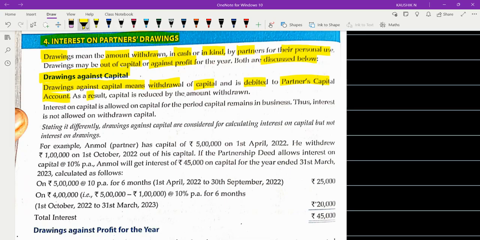As a result, capital is reduced by the amount withdrawn. So whatever amount you draw out as drawings, that portion will be eliminated from your capital. Now, interest on capital is allowed on capital for the period that capital remains in the business. Now here it comes. This drawings will affect not only our capital, it will also affect our interest on capital balance.